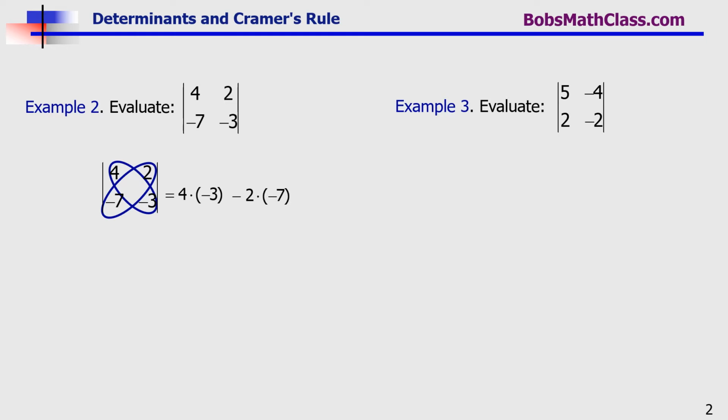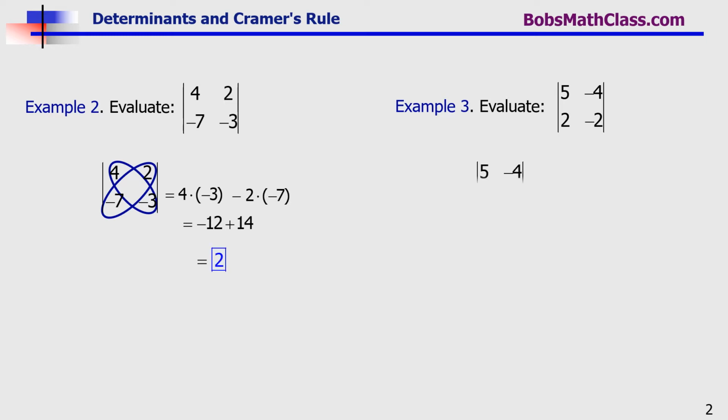So 4 times negative 3 is negative 12, and then it'll be plus 14. All right, we can do that multiplication in our head, so next time let's not write down all those steps. Let's just go right to, like in the last problem, the negative 12 plus 14. Think of it as when you go backwards, you just change the sign.